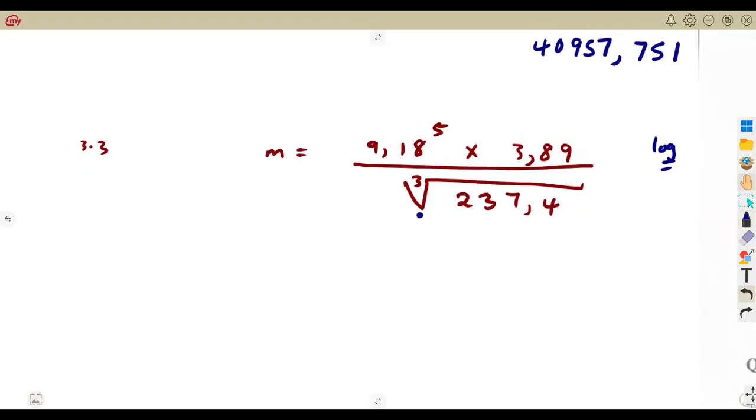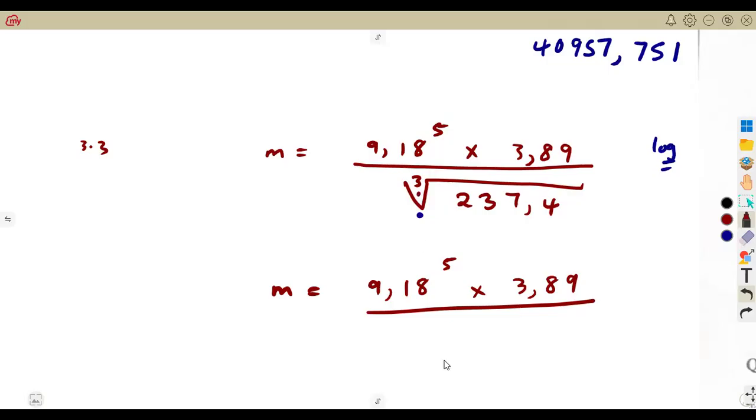We've got exponents, so we can just write this as m is equal to 9.18 to the exponent of 5 times 3.89, everything over the cube root, which means to the exponent of a third, 1 over 3.